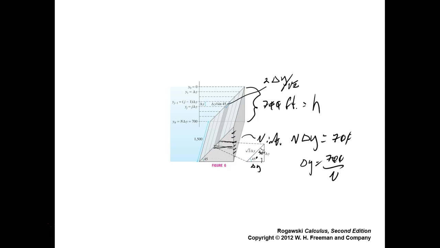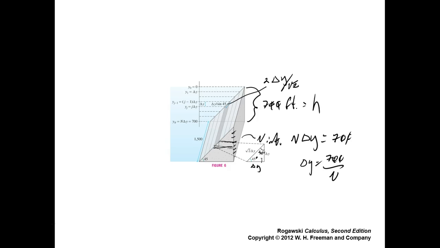Now, the vertical height of the dam is 700 feet. We divide the vertical axis, and delta y is 700 divided by n. This divides the face of the dam into n strips.